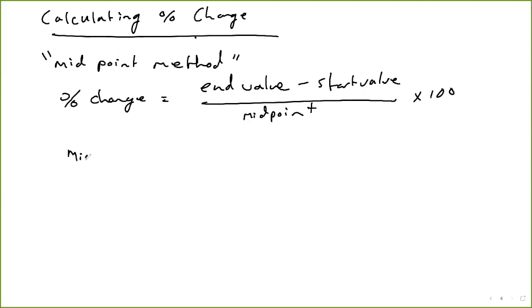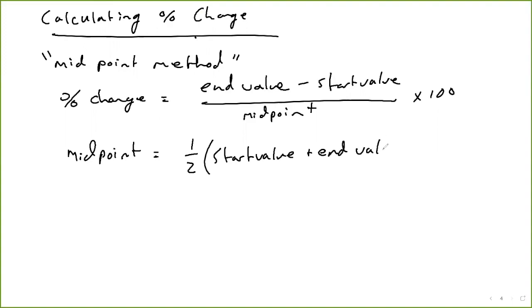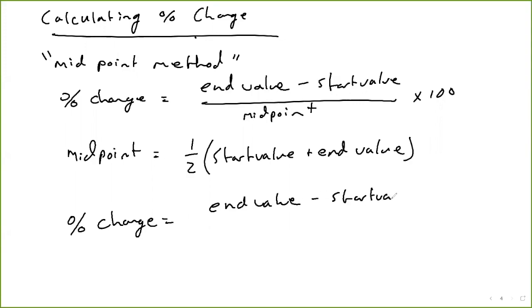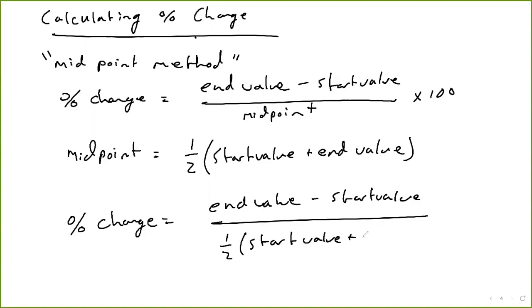However, we also need to do a calculation for the midpoint, and the midpoint is an average essentially. So it's 1/2 times the sum of the start value and end value. So putting those together, our percent change is going to be end value minus start value divided by 1/2 times the start value plus end value, and then all that times 100.